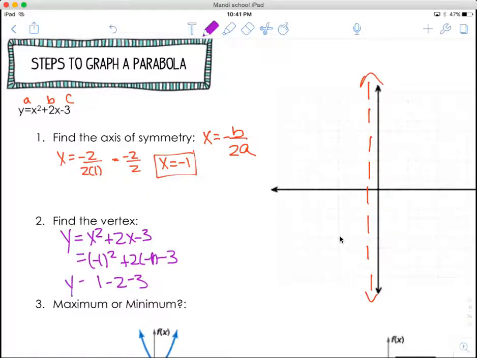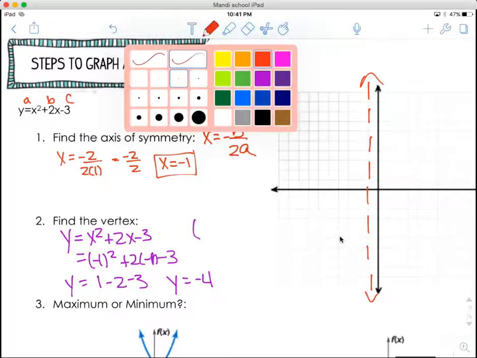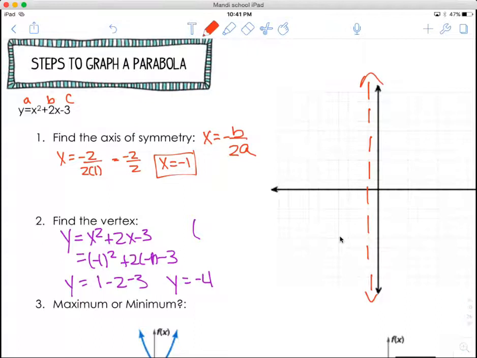So y is equal to negative 4, which means our vertex on our axis of symmetry is (negative 1, negative 4). And whoops, I only went down 3. 1, 2, 3, 4. So there's our vertex. That's the second piece of information that we have to graph.